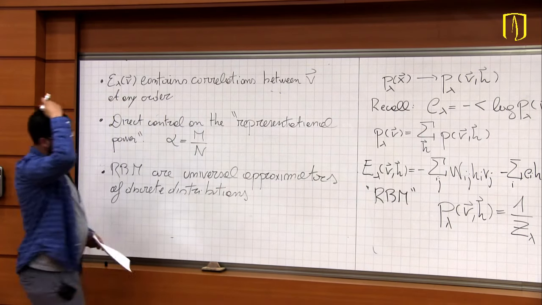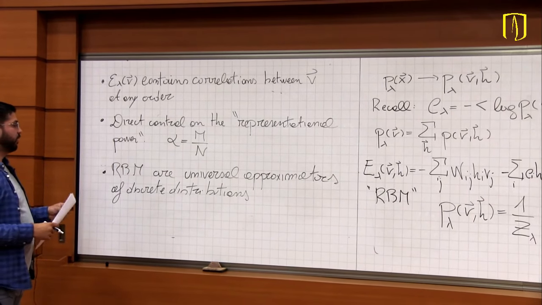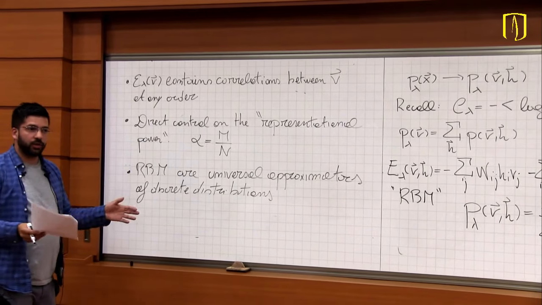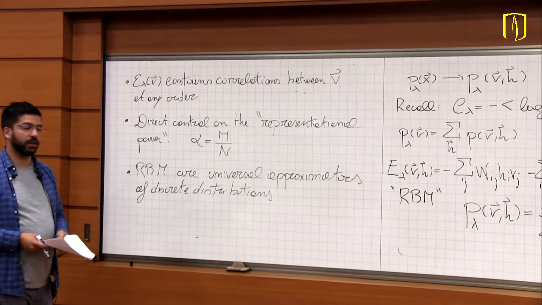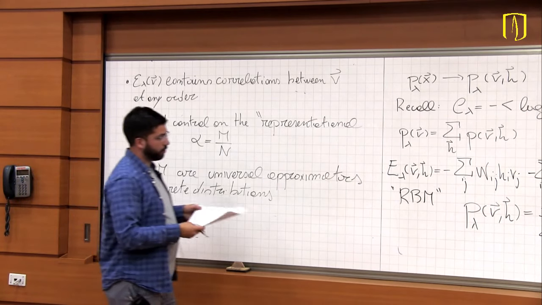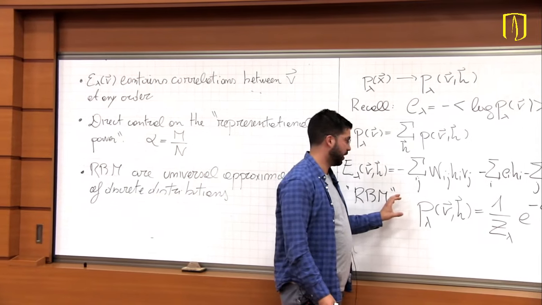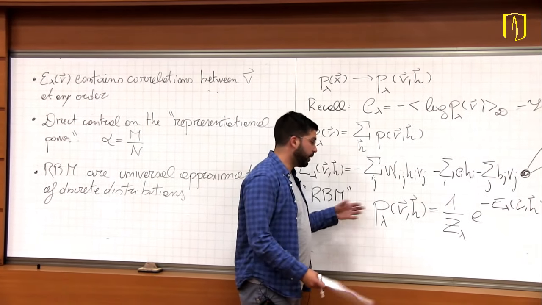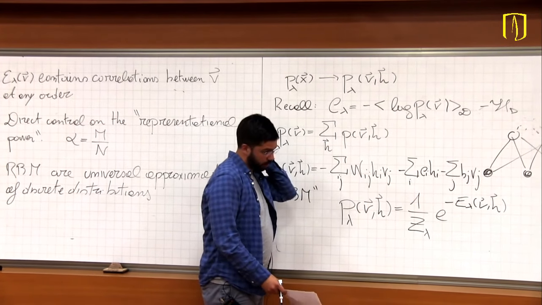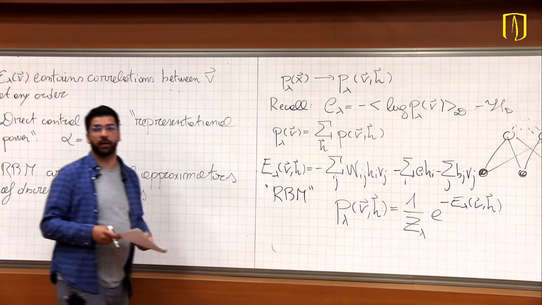And what this means is that there is a theorem: provided that you have enough hidden units, you can essentially discover an RBM which mimics an unknown distribution to arbitrary accuracy, okay?